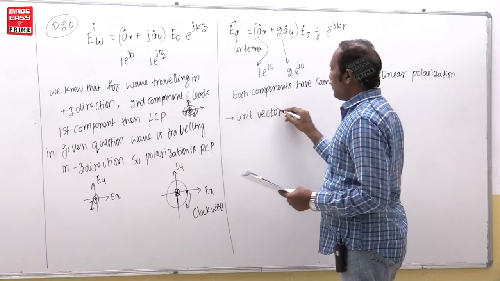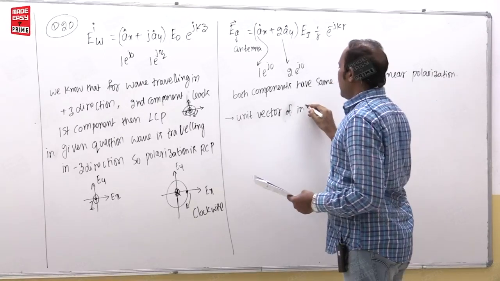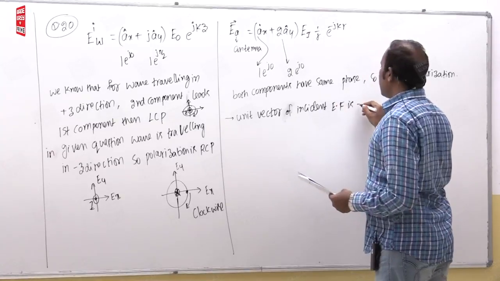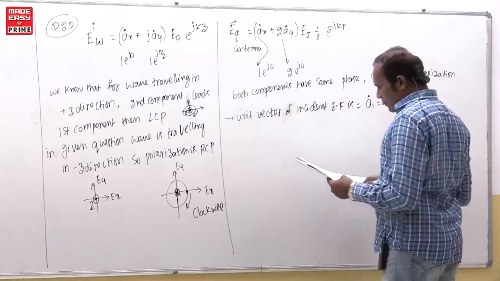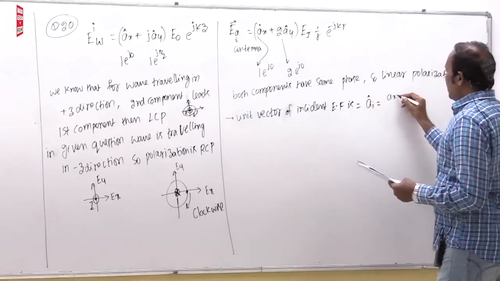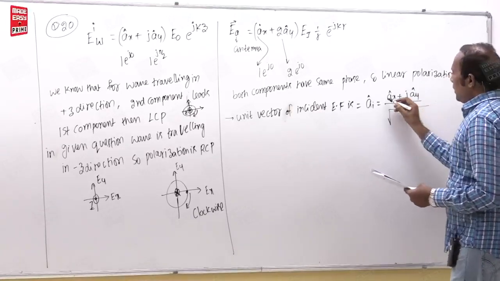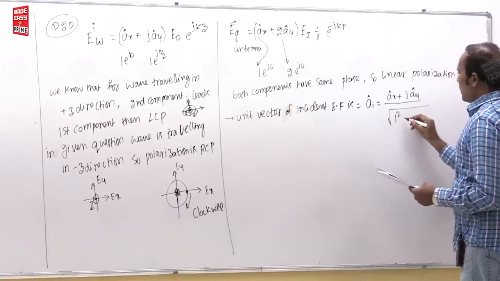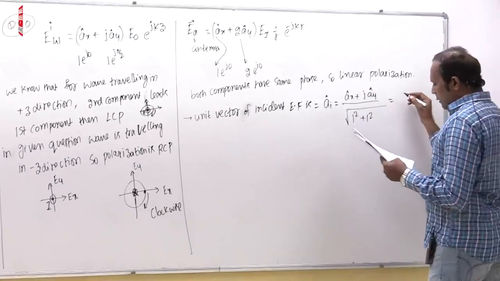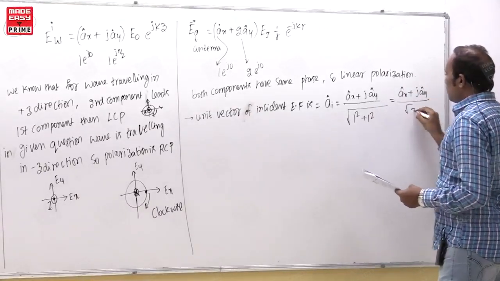The unit vector of the incident electric field is a_I, which is (a_x + j a_y) divided by root of 1 square plus modulus of j, again 1, 1 square. So that is ultimately (a_x + j a_y) divided by root 2.